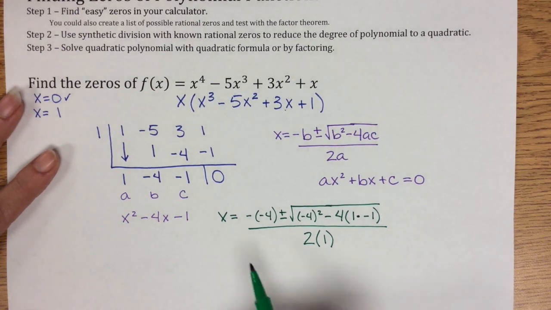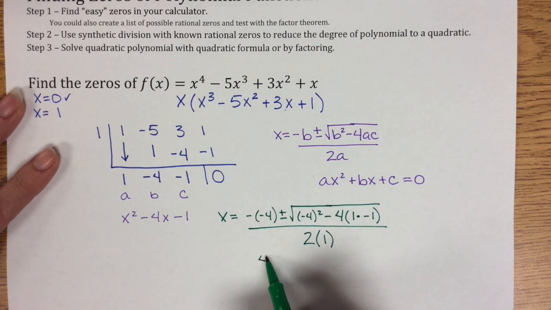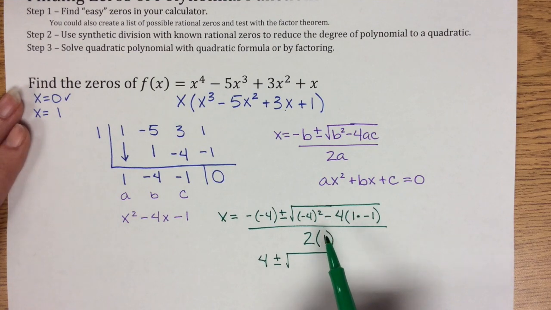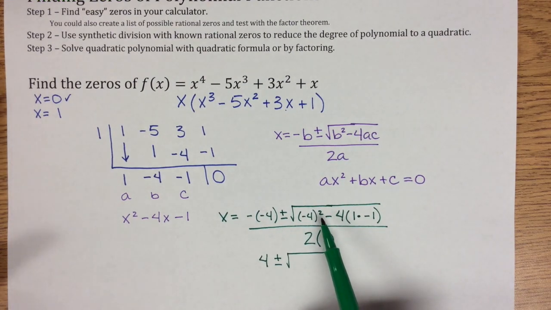So negative 4, that's positive 4, plus or minus the square root. Negative 4 squared is 16. Please be careful if you put this in your calculator and put it in parentheses. It's much better to just square a number in your head and you won't mess it up. Most of you know that a negative number squared is a positive.